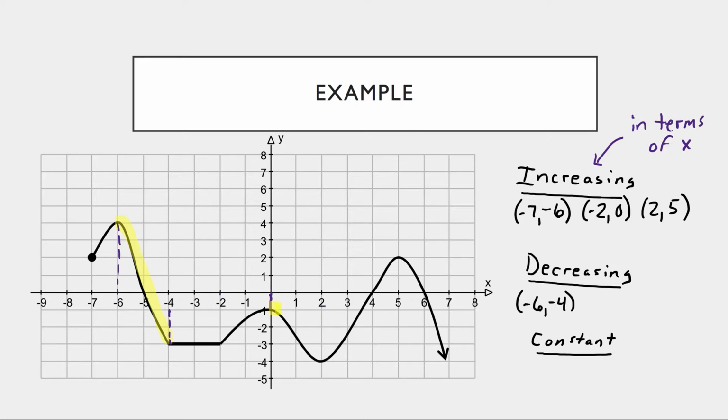The graph also decreases here, which begins at an x value of 0 and ends at an x value of 2. And then finally the graph decreases here, which begins at an x value of 5 and continues all the way to positive infinity.